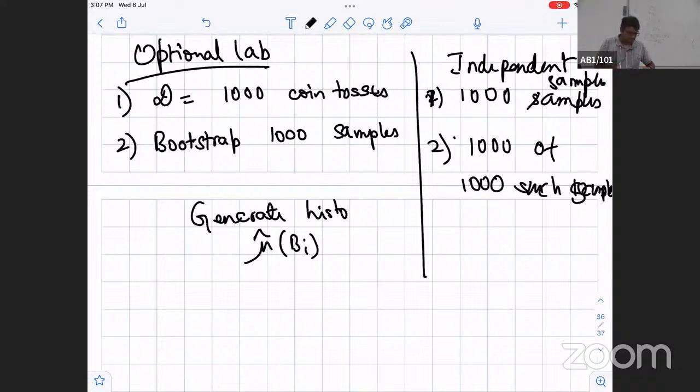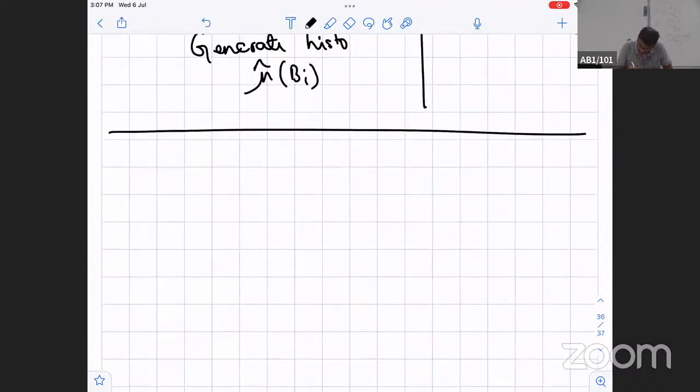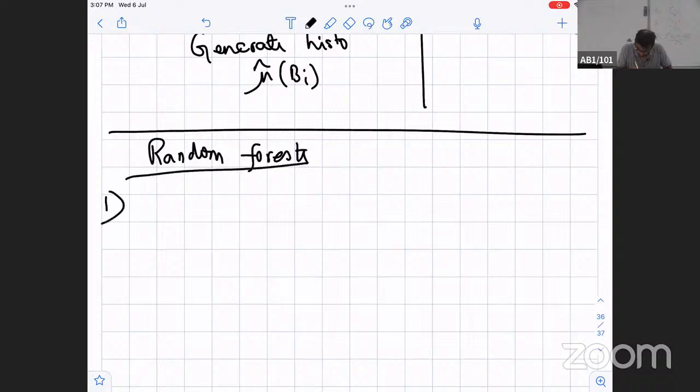So what is it that you do in case of learning? Let's say random forests. What is the algorithm? First step: there are totally D features, right?